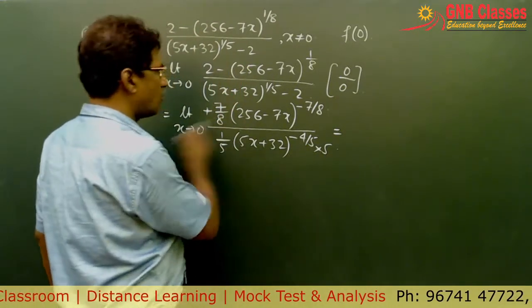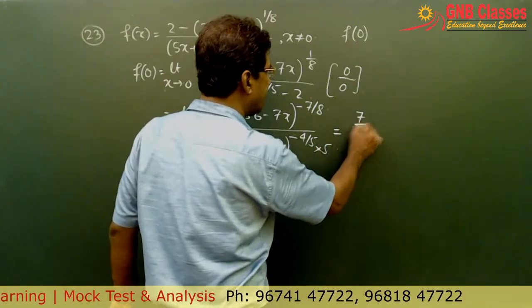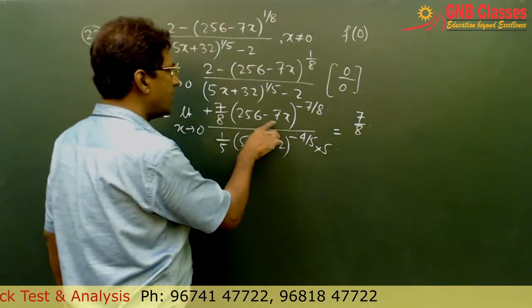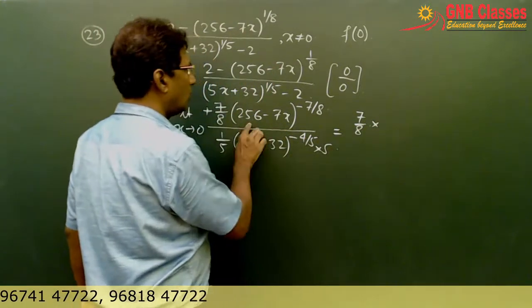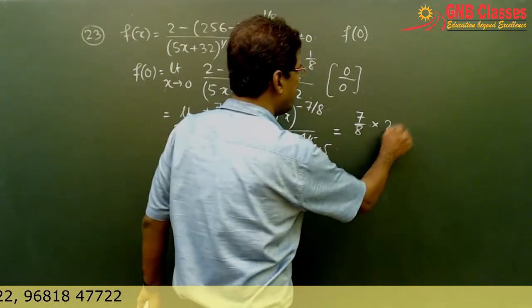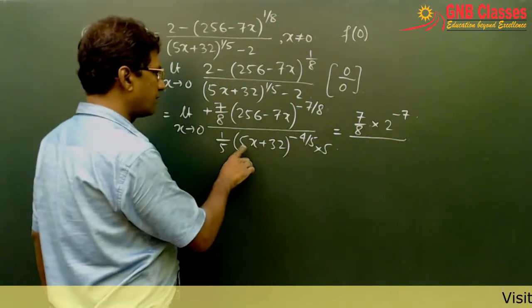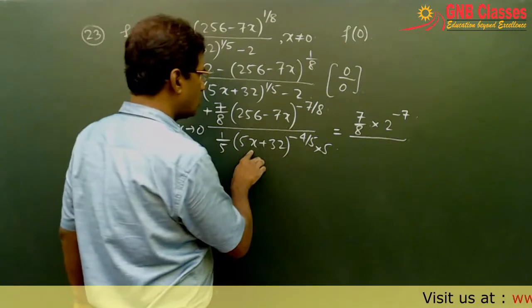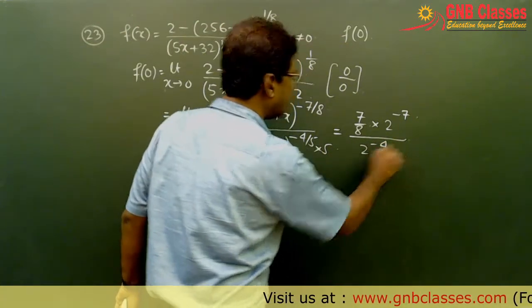Now, if I put x equals 0 over here, in the numerator we are getting 7/8 times 2 to the power minus 7, and in the denominator the 5 goes off, so it's 32, so 2 to the power minus 4. Is it clear?